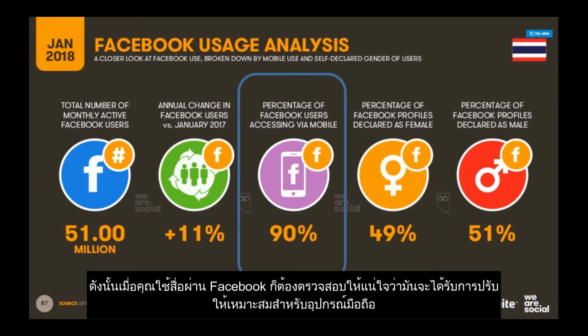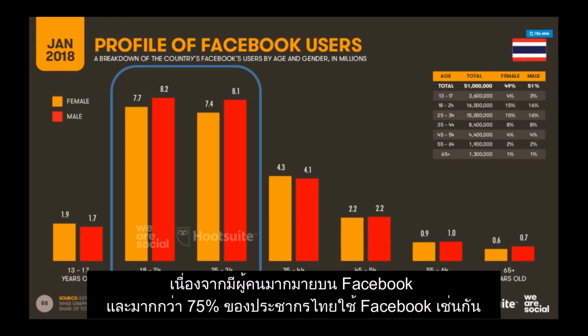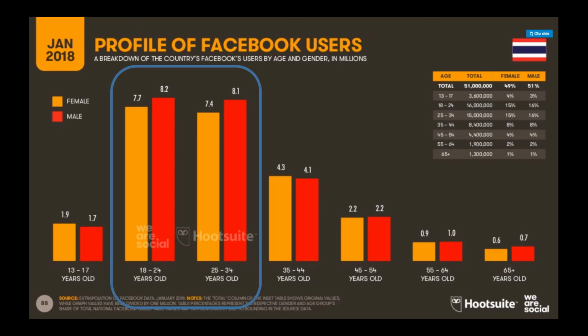They most commonly use the Facebook app. So when you run Facebook media, you have to make sure that it's optimized for a mobile device. Also, because over 75% of the Thai population use Facebook, you can reach any demographic you're trying to target. So Facebook should be included in every single media plan that you have.